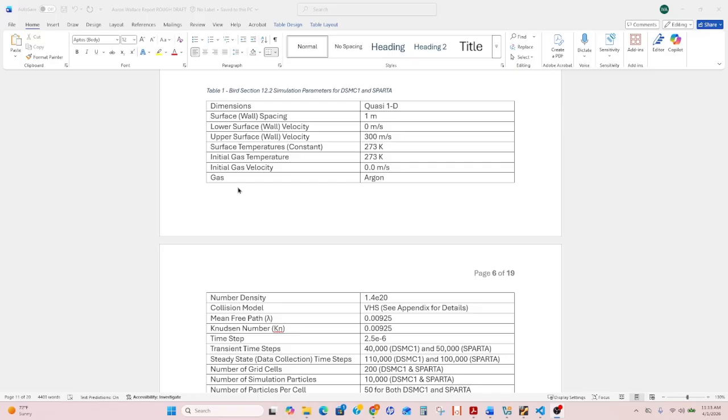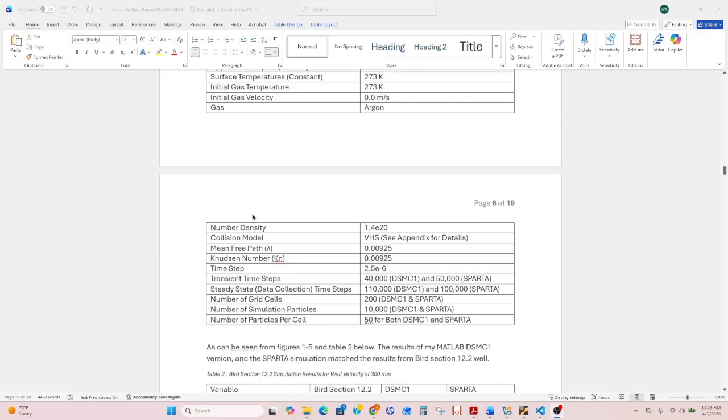All right, he discusses the number density as being 1.4e20, and he says that the collision model he uses is the variable hard sphere model. He talks about the mean free path and the Couette number, and then his time steps are 2.5e-6.